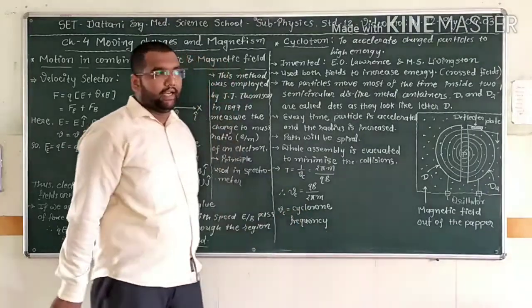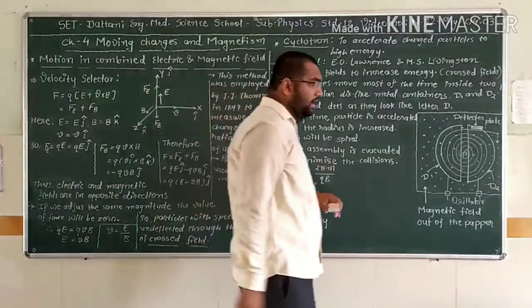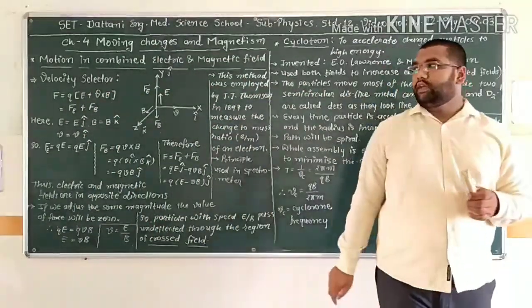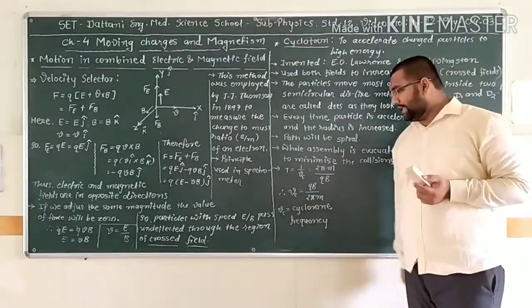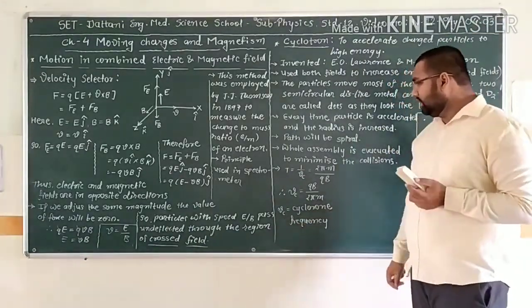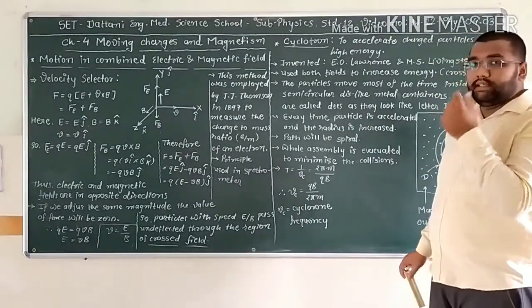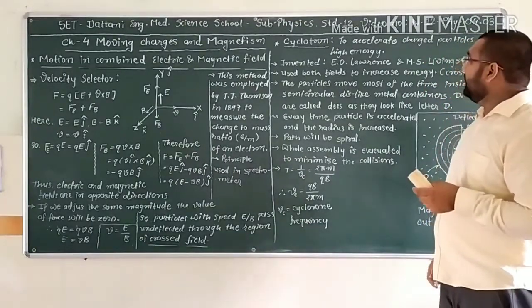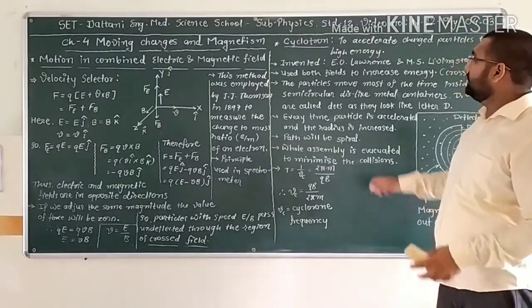If you are asked in the examination to derive the formula for the frequency of a cyclotron, this is the formula of the frequency of a cyclotron, vc. It can be asked as a 2 marks question, derive the formula of the cyclotron frequency.